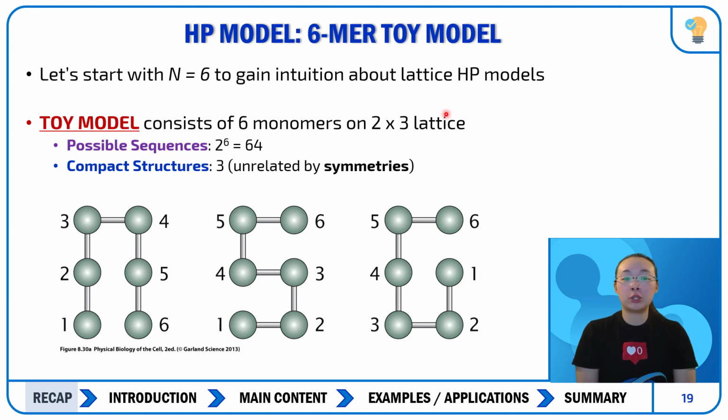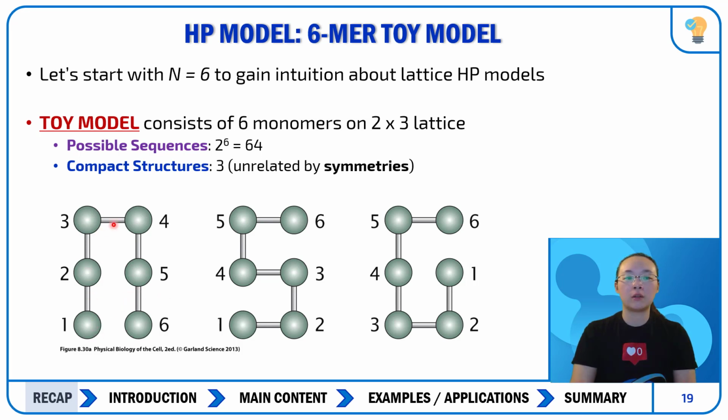The HP model usually refers to a 6-mer toy model, where for a 2D 2x3 lattice structure, you have a whole bunch of different sequences, but when you try and connect the dots essentially to form a fully connected polypeptide sequence of 6 amino acids, you can only come up with 3 main shapes.